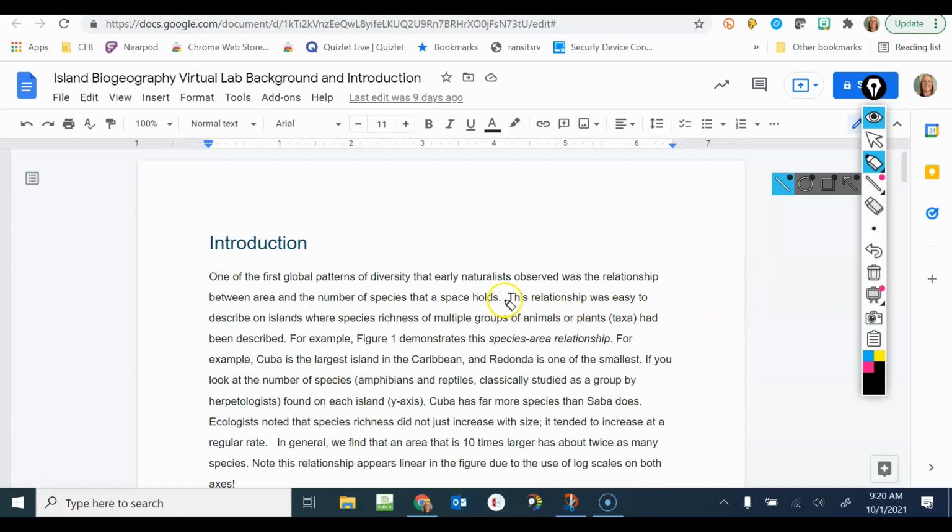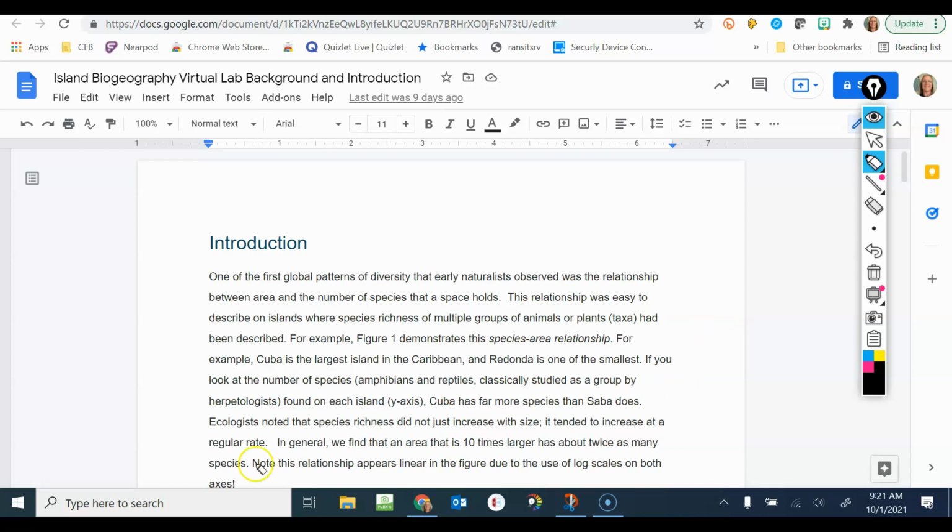So we take a look at the relationship on the islands, and we're paying attention to richness of multiple groups of animals and plants. What they originally looked at, as you're going to see, is a comparison of some of the islands in the Caribbean and how they differed in their species diversity and richness.